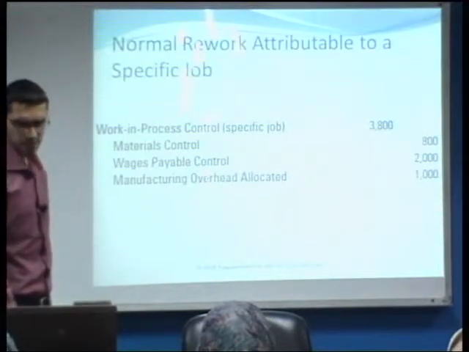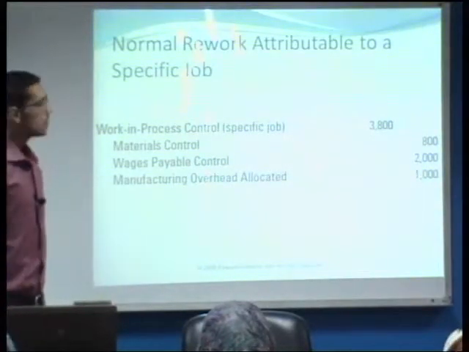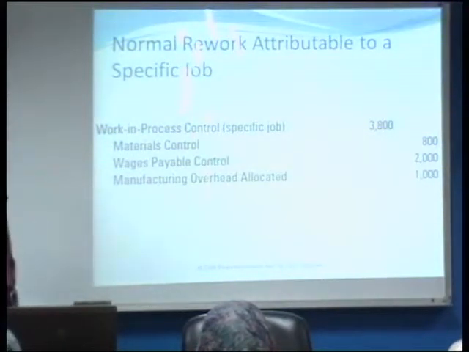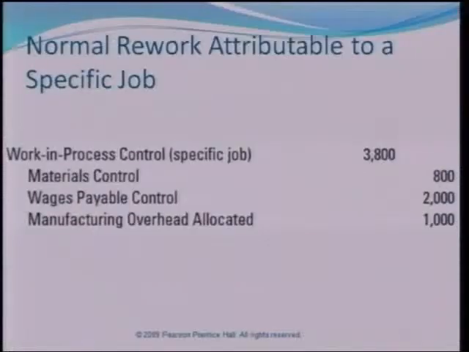As we can see here, this is as if the normal rework is attributable to a specific job. The work in process that is specific for that job would be loaded up by all the additional costs for the rework. As we can see here, 3,800 was the total cost of the rework, and all of it was carried by the work in process control for that specific job.